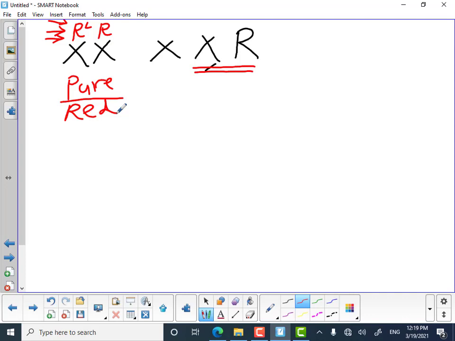Sorry, I wrote R, not R, it is Y. This male is XY, and this male carries the R small due to its white color eye.